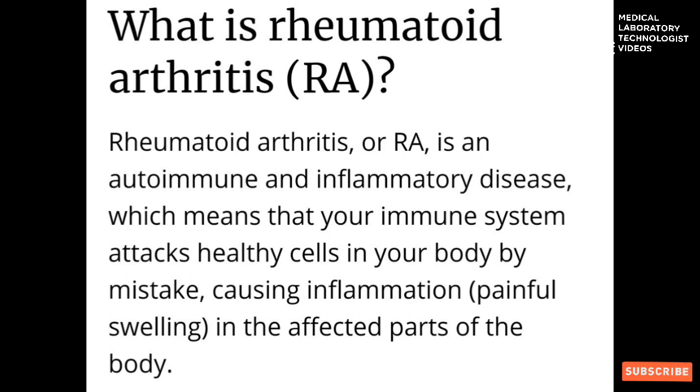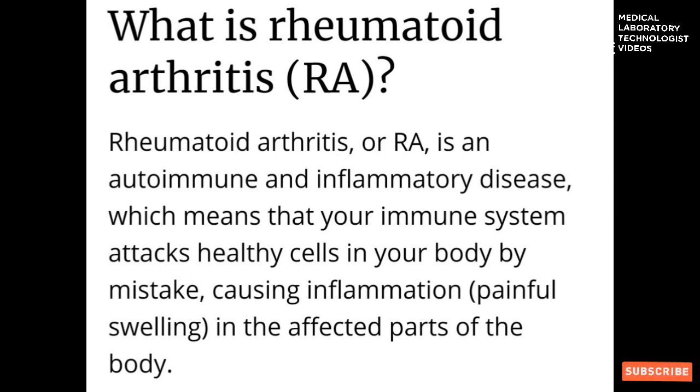First of all, rheumatoid arthritis is an autoimmune and inflammatory disease. Autoimmune means our immune system attacks healthy cells in our body by mistake. Normally, the immune system prevents our body from foreign bodies like bacteria and viruses, and protects us from infections or inflammation.